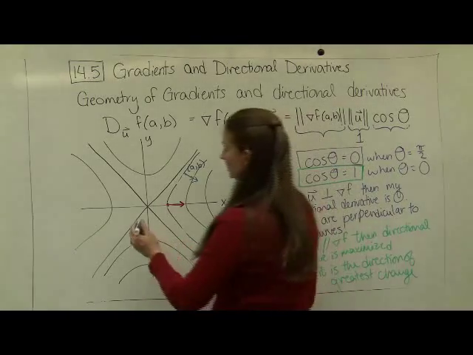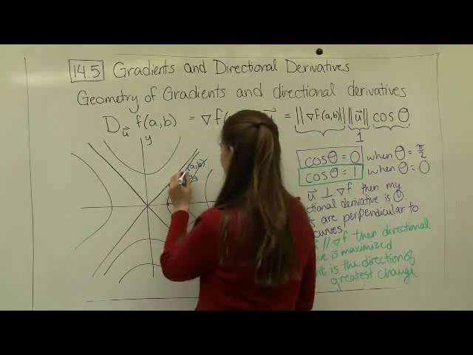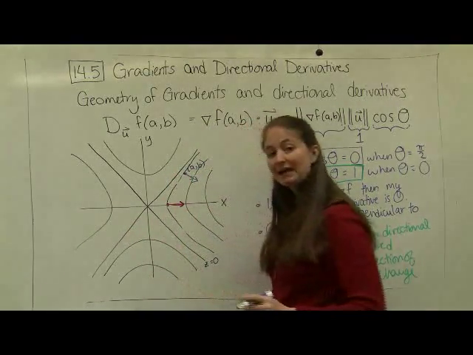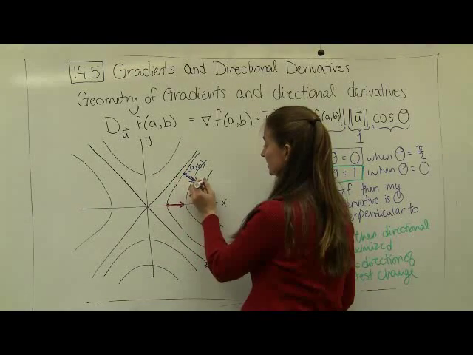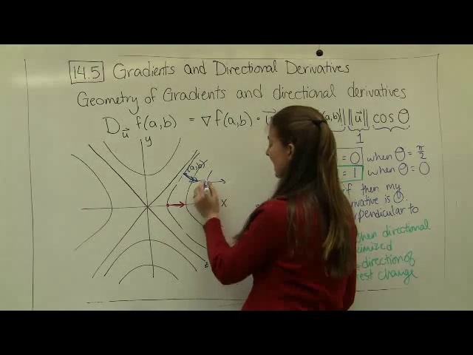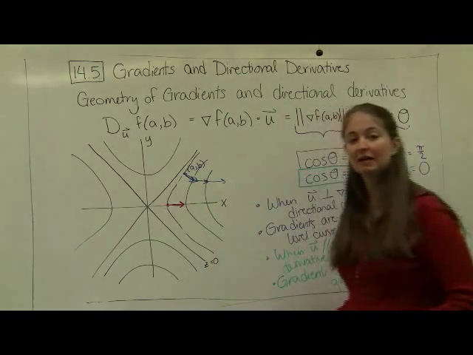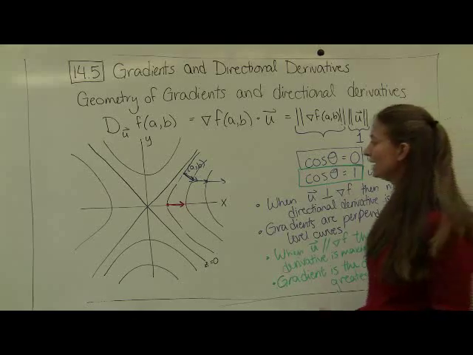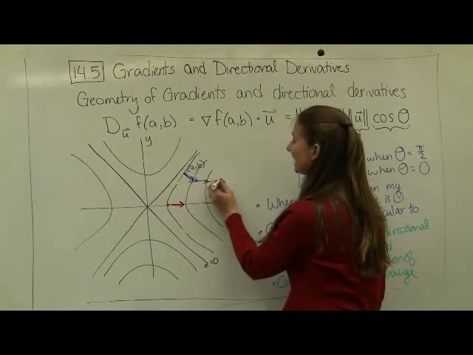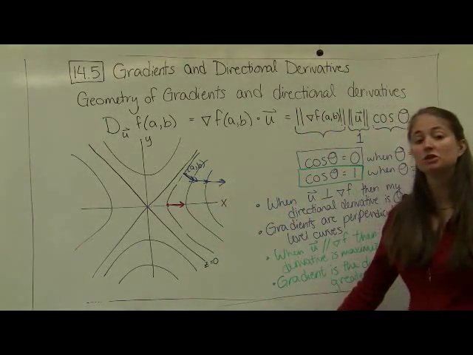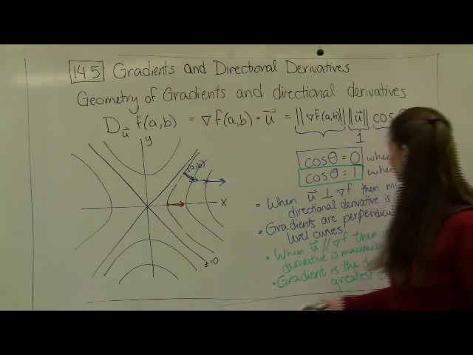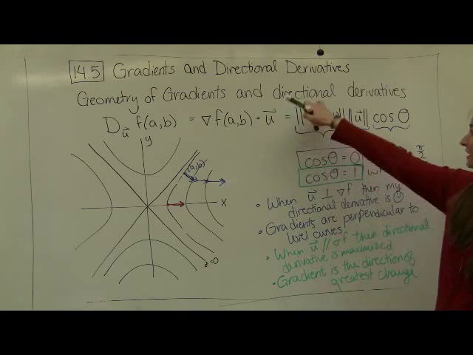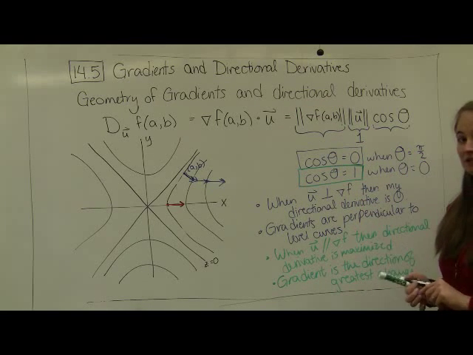If I start at some point (a, b) and I want to know what my path of steepest descent is, the path of steepest descent is to always go perpendicular to the level curves. That's something that we talked about before. And at any given point along here, that path of steepest descent is going to be following exactly what the gradient measures. So the gradient measures the direction of steepest ascent. That's exactly what we found out by analyzing the geometry of these directional derivatives.